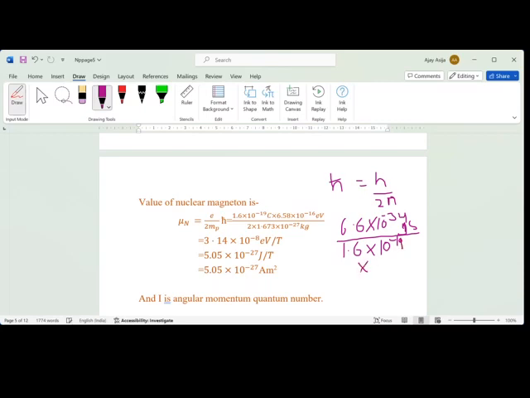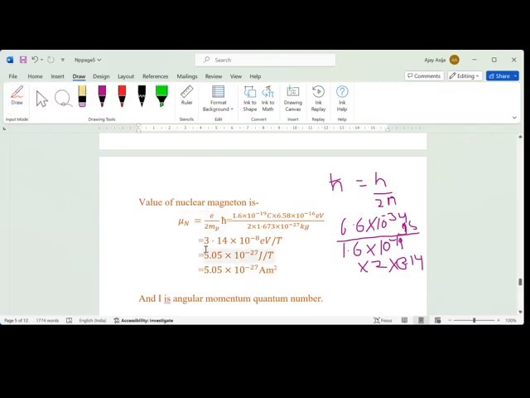And 2 pi is also here, so we divide it by 2 and 3.14 again. So when we solve this, the result will be 6.58 into 10 raised to power minus 16 electron volt second.